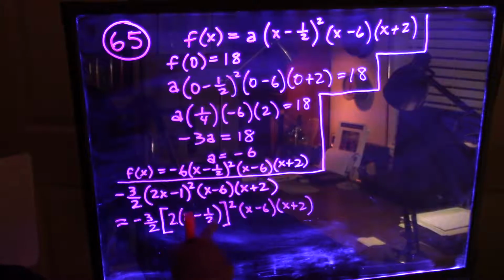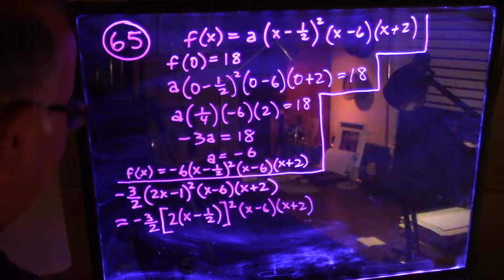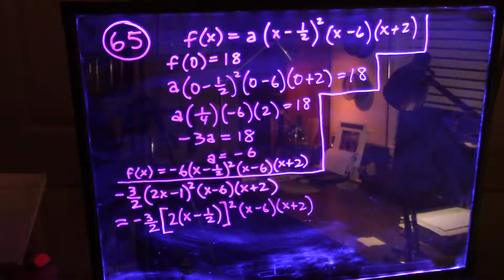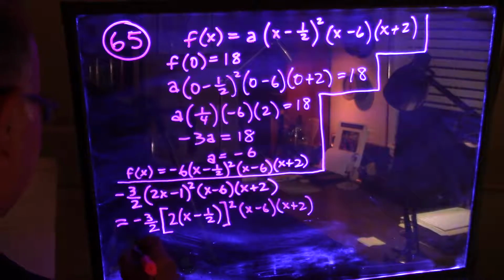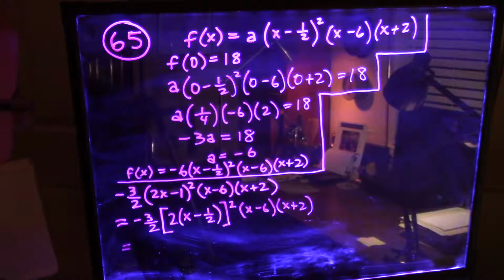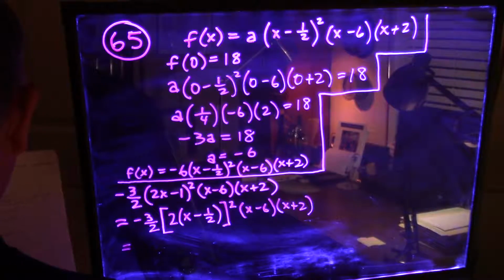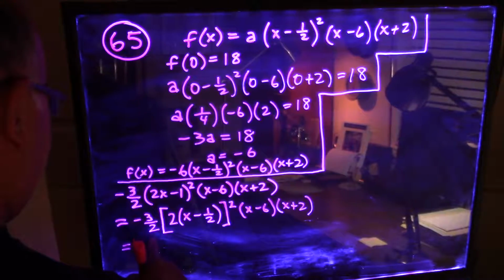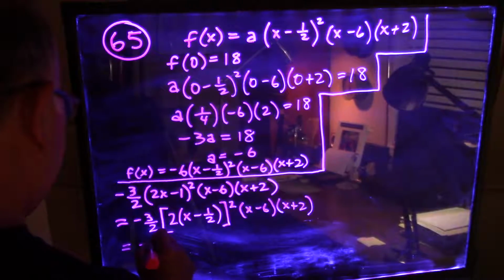Just be glad I didn't use parentheses instead of brackets. You get parentheses within parentheses within parentheses. It gets confusing. But that would be correct. You could do that if you wanted to, and a lot of advanced math texts do that. They just stick with parentheses. So you just have to be able to decipher all that. Anyway, we've got a negative 3/2.